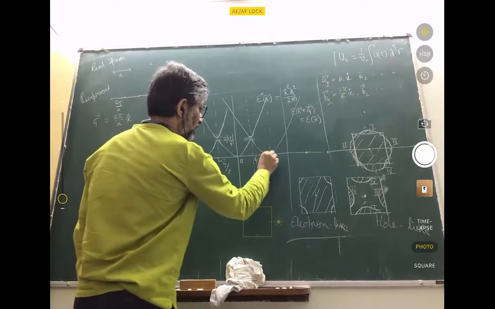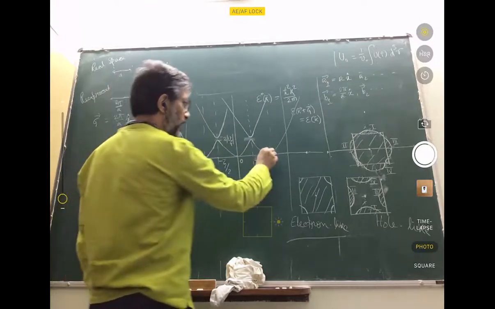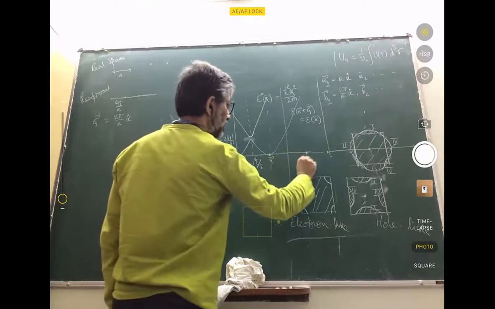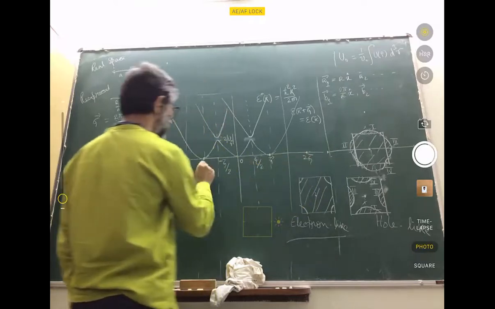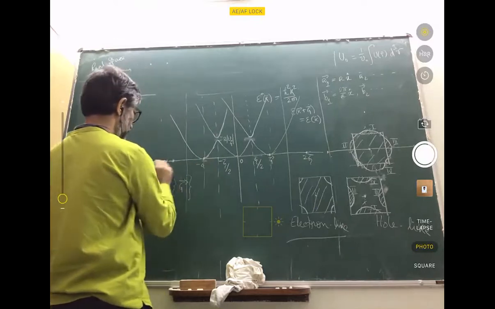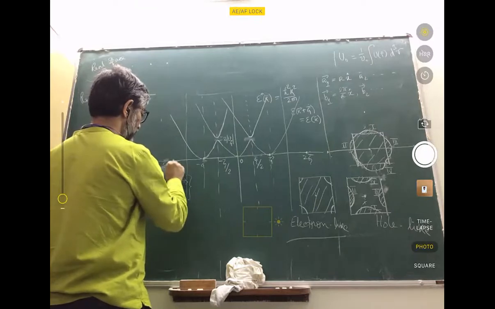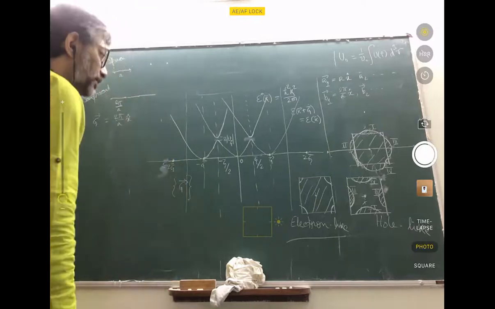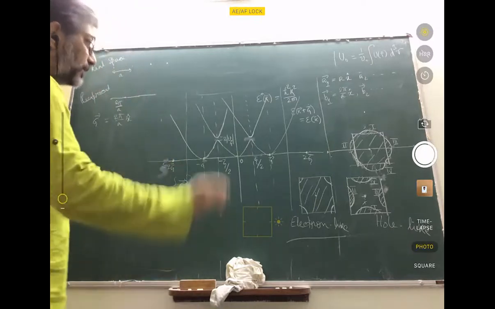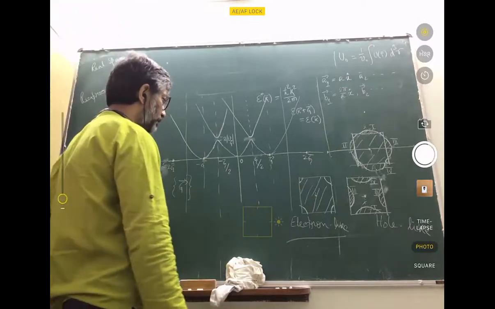So these are my points in the reciprocal lattice at G, 2G, and minus G, minus 2G, and so on. The perpendicular bisector of each reciprocal lattice vector is a Bragg plane.